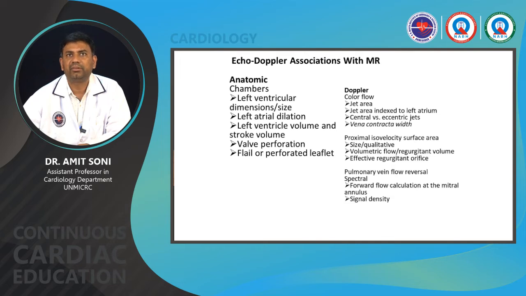In Doppler, color flow jet area indexed to the left atrium, central versus eccentric jets, vena contracta with proximal isovelocity surface area, qualitative and volumetric flow, regurgitant flow, effective regurgitant orifice, and pulmonary vein flow reversal in the spectral Doppler, forward flow calculation at the mitral annulus, and signal density.